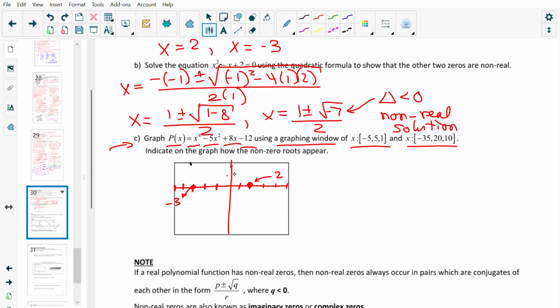Oh, let me just complete the window there. 1, 2, 3, 4. Okay. Starts out here. Reaches a minimum. Comes back over. And then it goes straight up through the 2.